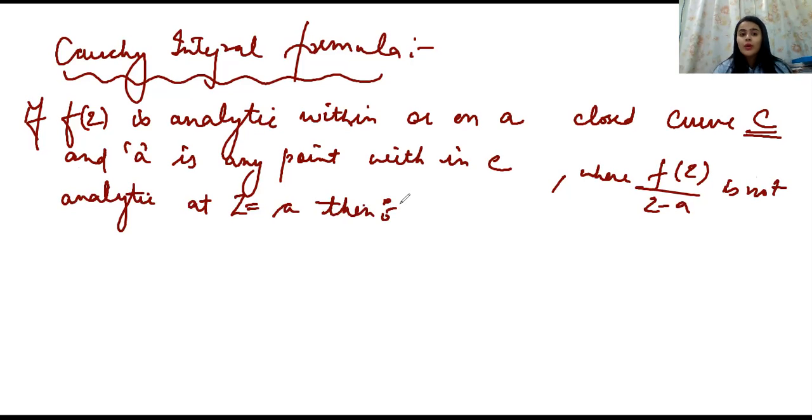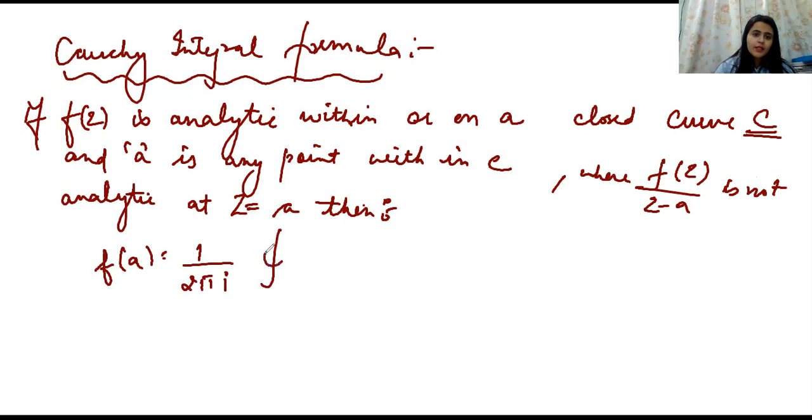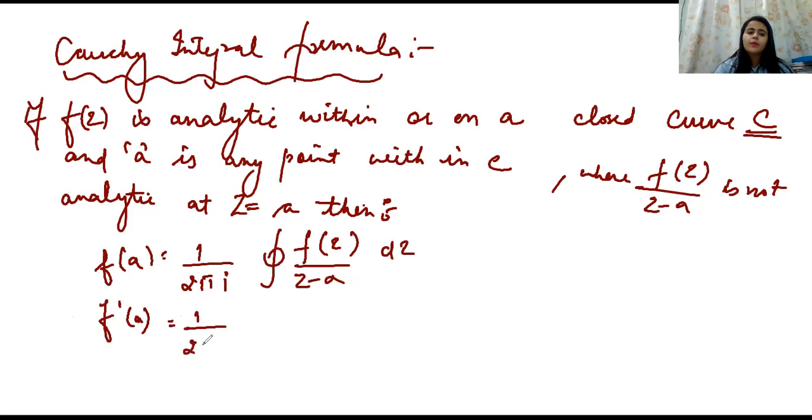Then you have a series of formulas. f(a) is equal to 1 over 2 pi i times the integration of f(z) over (z minus a) dz. Similarly, the derivative f'(a) is equal to 1 over 2 pi i times the integration of f(z) over (z minus a) whole square dz.